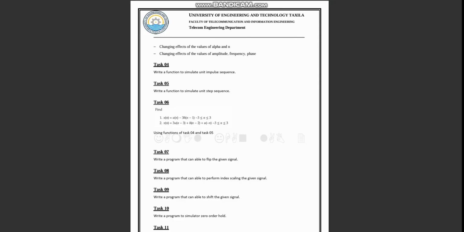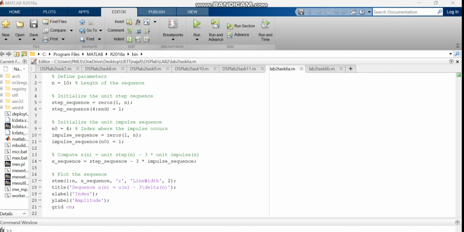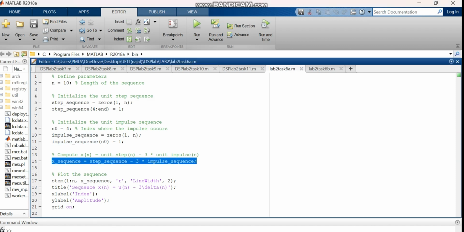In task number 6, we have been given two functions, and we have been asked to solve and perform these functions using the functions used in task number 4 and task number 5. So the first function was about impulse sequence. Here n is the length of the sequence.